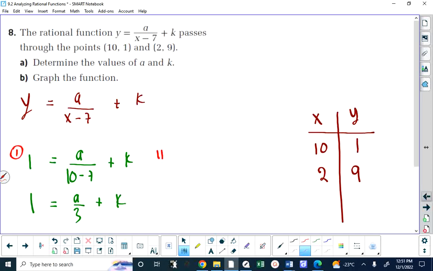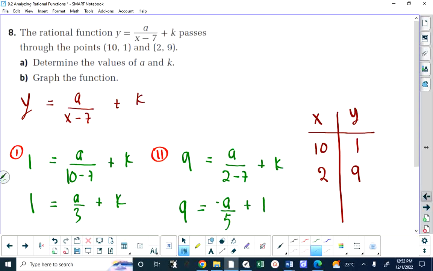When I look at my second equation, I'm going to have 9 is equal to a over 2 minus 7 plus k. And if I simplify that, I get 9 is equal to a over negative 5. I just think algebraically it makes sense to put that negative on the top.